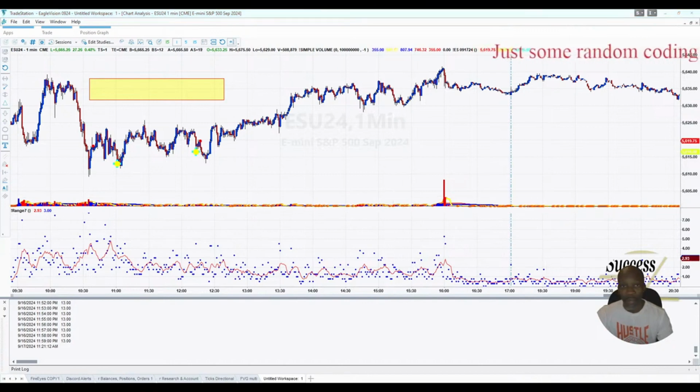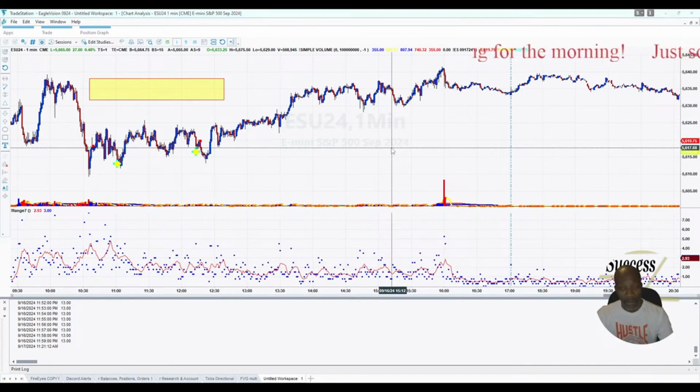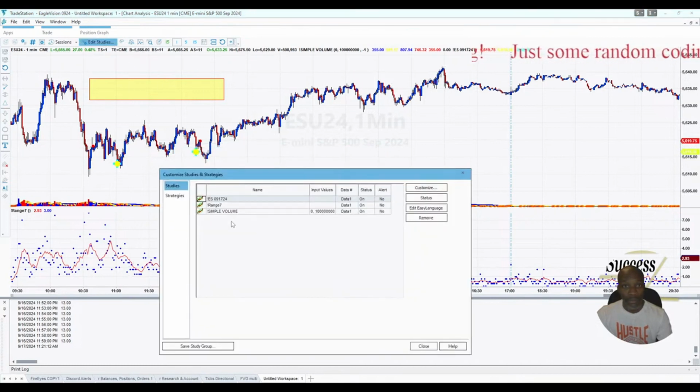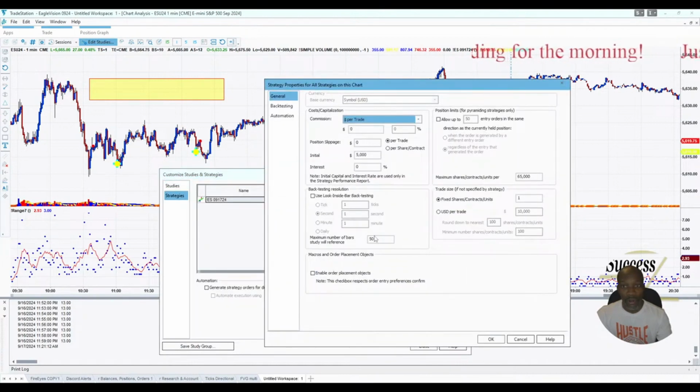All right, try to reference back more bars in the max bars back setting. Strategy properties for all. I'm going to go back 200, 201 is what usually ends up working. One contract at a time.